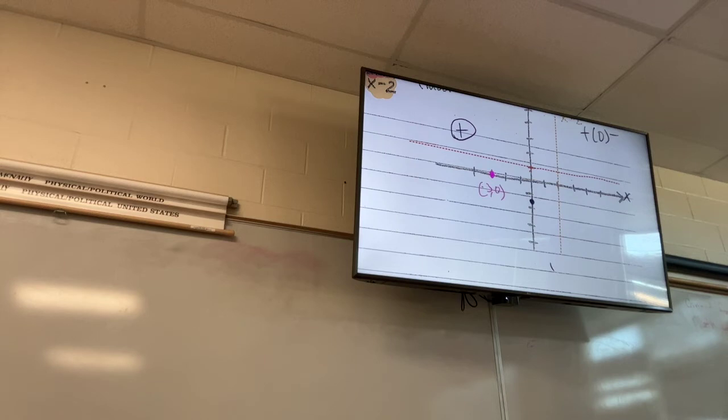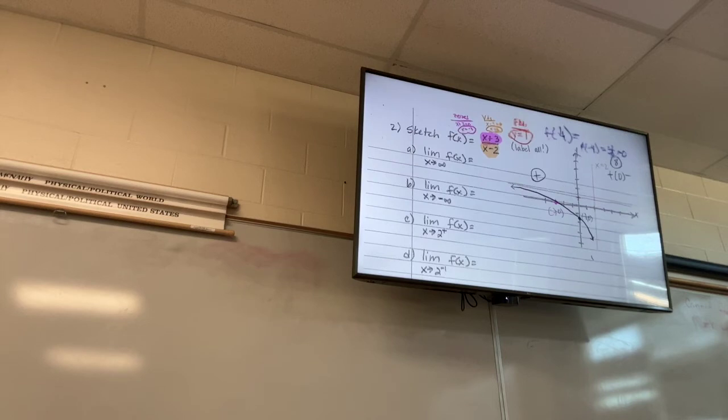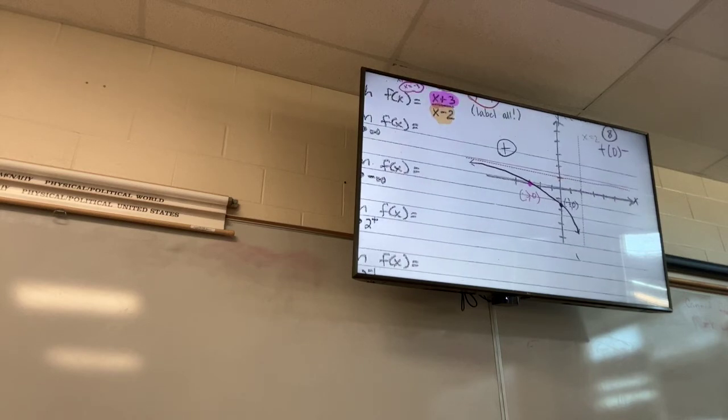Okay, so let's connect these. Then to the right of that vertical asymptote, is my graph going to look like this, or is it going to look like this? And how do I tell? I plug in a point to the right of 2, right?